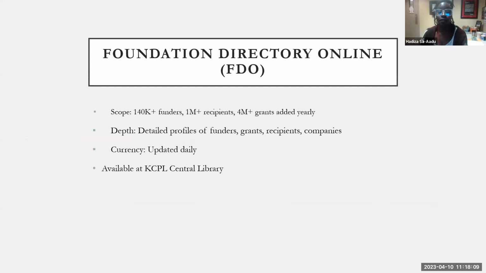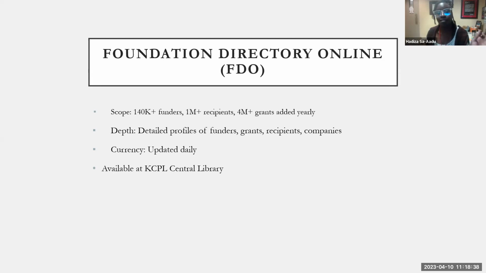You've got access to over 140,000 funders, as well as their corresponding over 1 million recipients and the grants that those recipients have received. So you get detailed profiles of these funders that we will see shortly, as well as the grants they've given, those who received those grants, and any companies that are affiliated. And they update this daily. So they keep this very current.